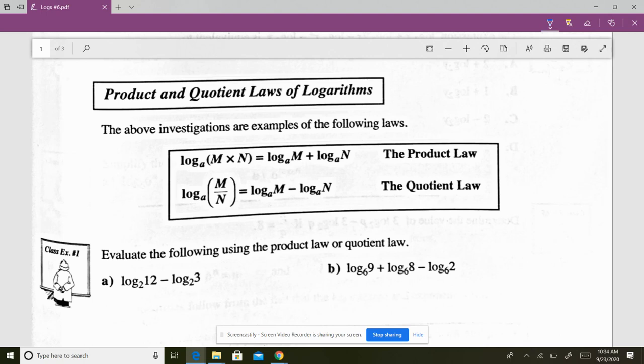And if you are dividing, that's the same as subtracting them. Okay? So log of m times n is equal to log base a of m plus log base a of n. Dividing, subtracting the logs. It's like exponent laws because they're tied to it. All right? If you're dividing, you're subtracting. If you're multiplying, you're adding.